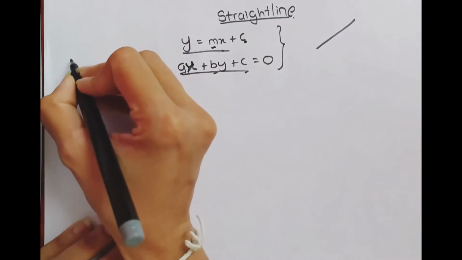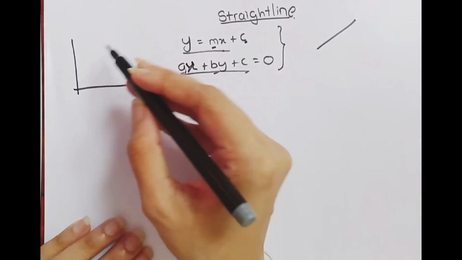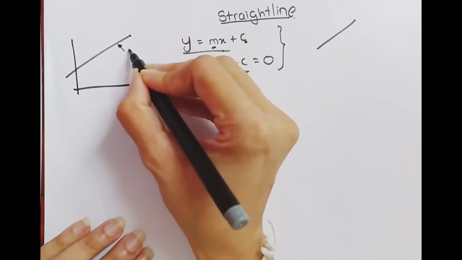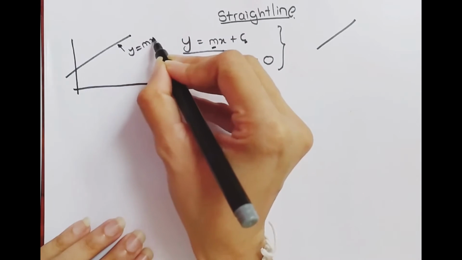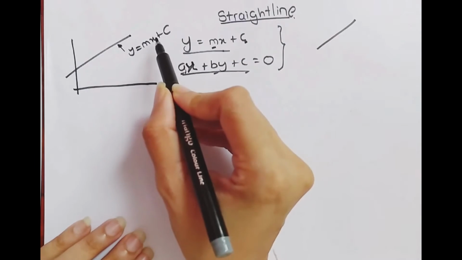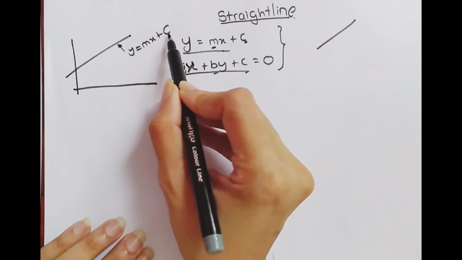Now, if I draw a straight line like this and think this is of the form y equal mx plus c, c means when x equals 0, y equals c.